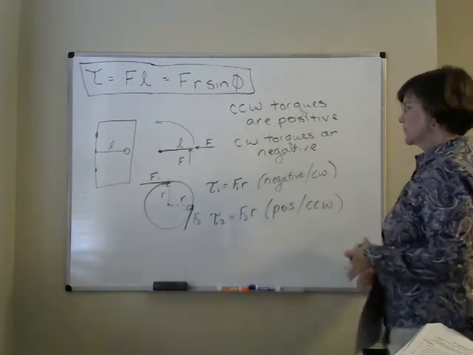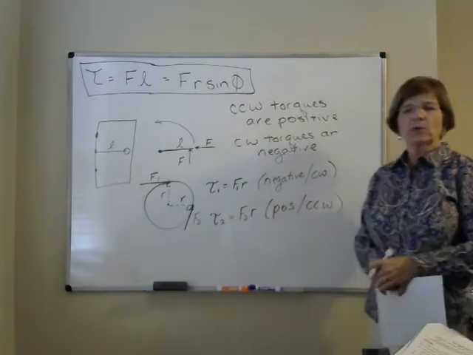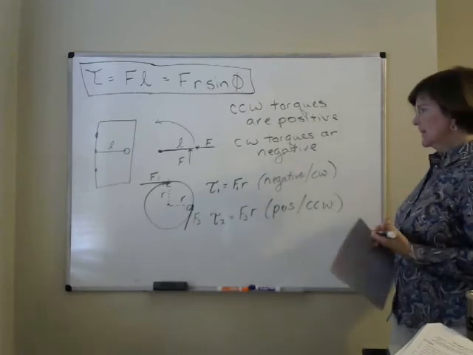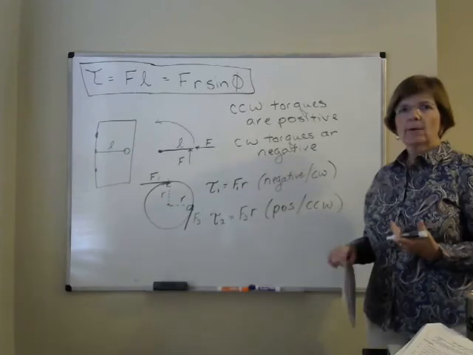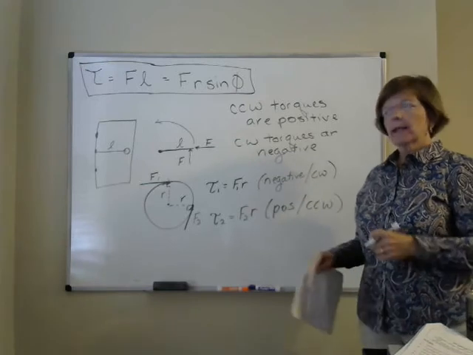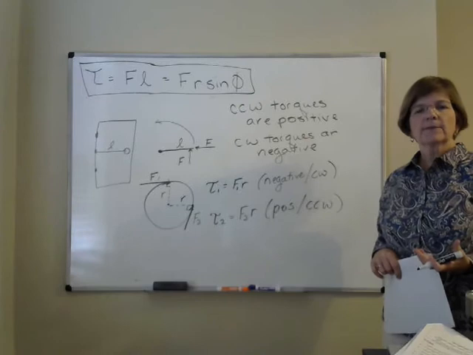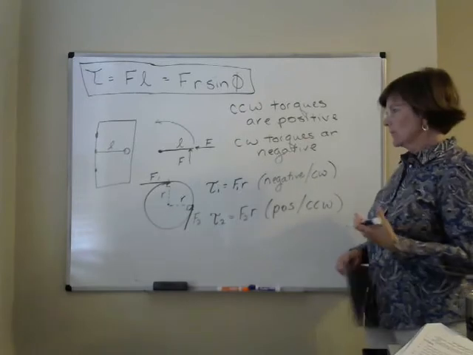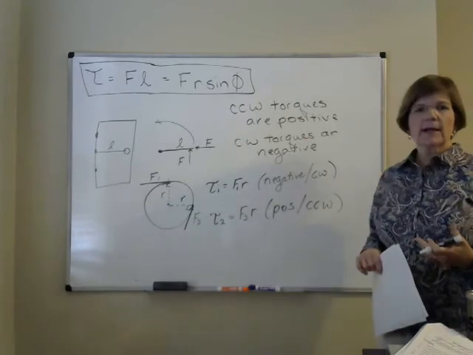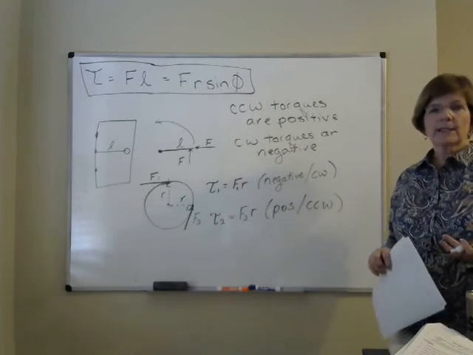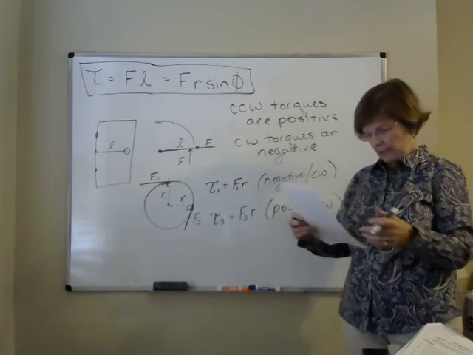To get the net torque, we would simply add up all the positive torques and all the negative torques. In this case, it would depend which one was larger. If F2 was larger, the net torque would come out to be positive. If F1 was larger, the net torque would come out to be negative. If they were equal, the net torque would be 0 and the object would not rotate.